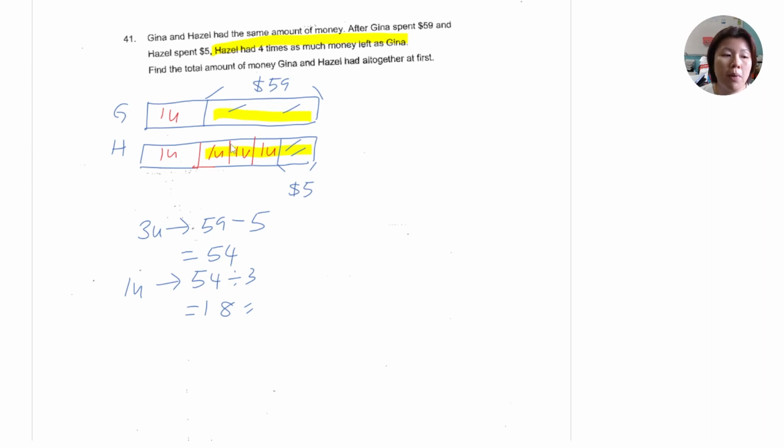Both have the same amount of money. So I can take Gina: 59 plus 18, which will give me $77. And since they have the same, the total will be 77 times 2, which gives you 154.